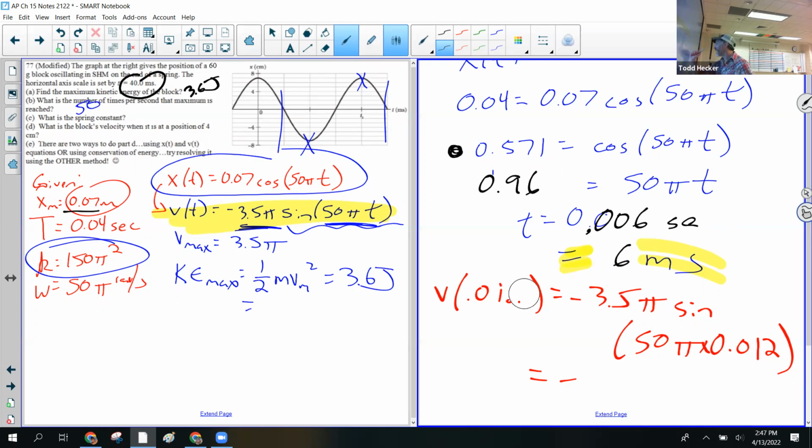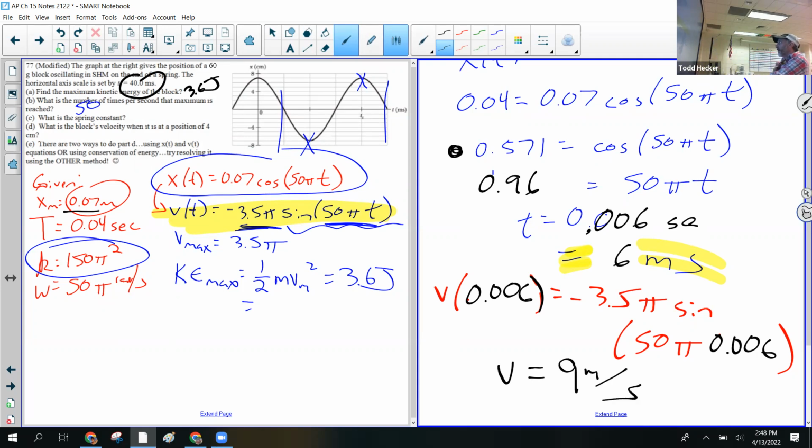If you plug the right time into your velocity equation and solve for your velocity, you get the answer that I originally had on my sheet, which is 9 meters a second. I'm super sorry for that little blip there.